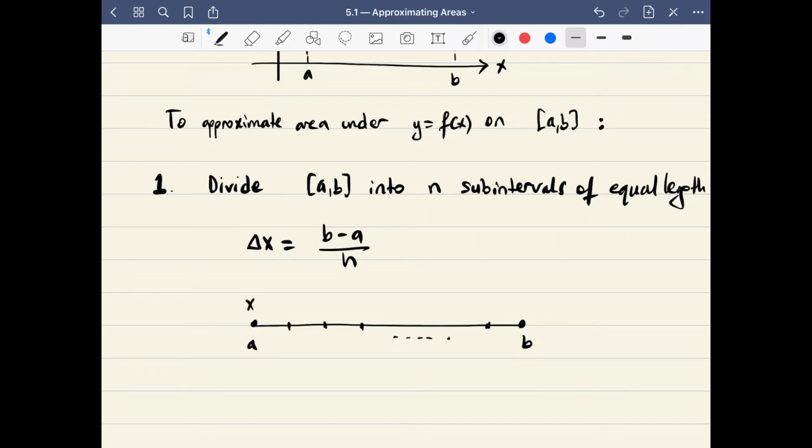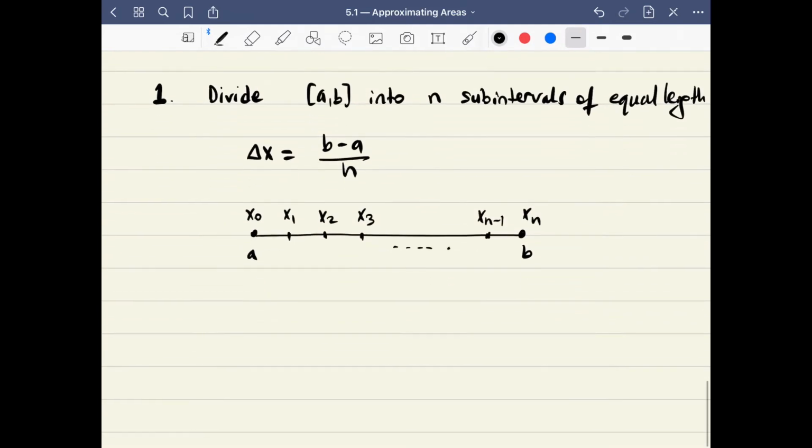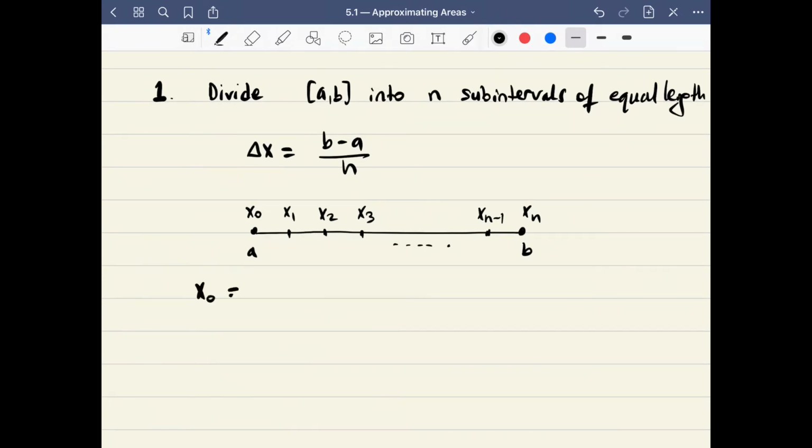This is x sub 0, and the next one is x1, x2, x3, and so on. The very last one is xn, because you have n subintervals, and the previous one is xn minus 1, and so on. So basically, x0 is the number a. This is always the first point in the closed interval. The next point is a plus delta x, because this length here is delta x.